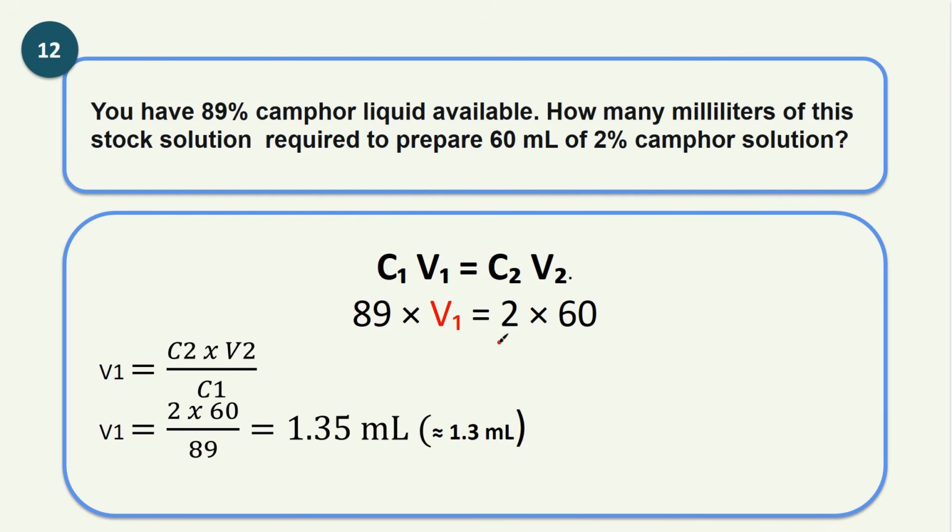Here we already have C2 V2, which is 2 and 60, and 89% is C1. If you calculate this, it comes to 1.35, approximately 1.3 mL of 89% camphor liquid is required to prepare 60 mL of 2% camphor solution.